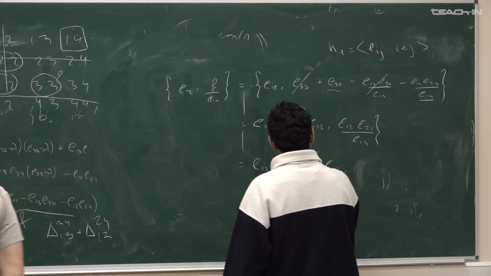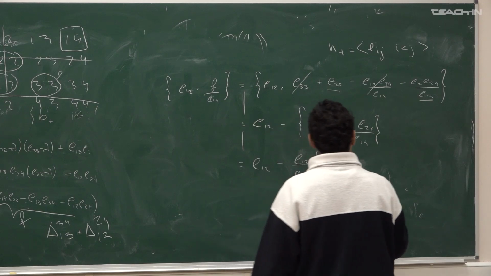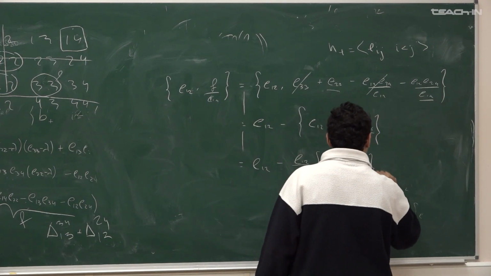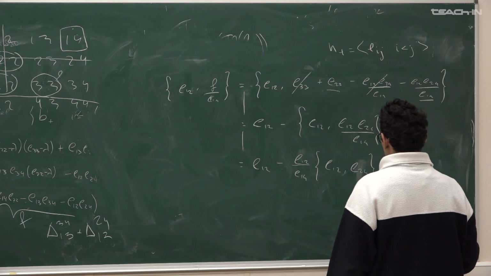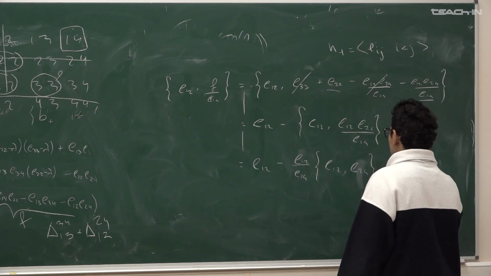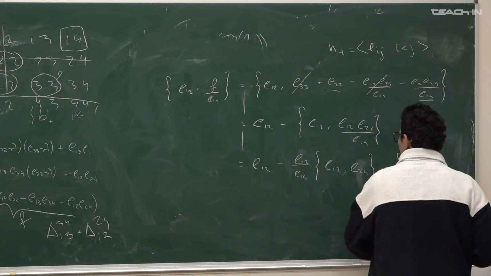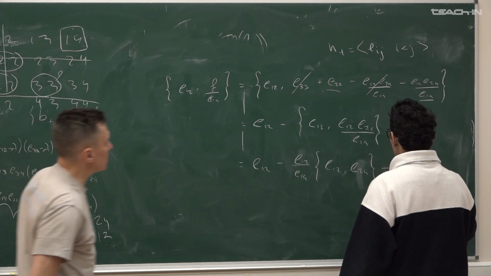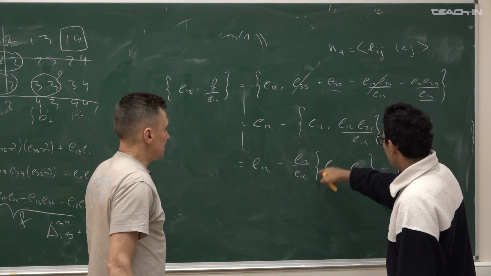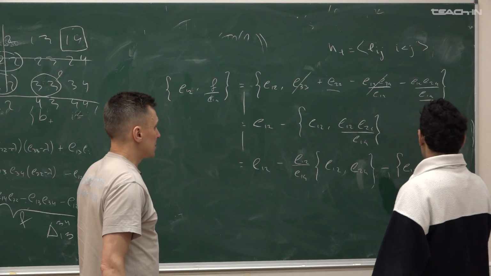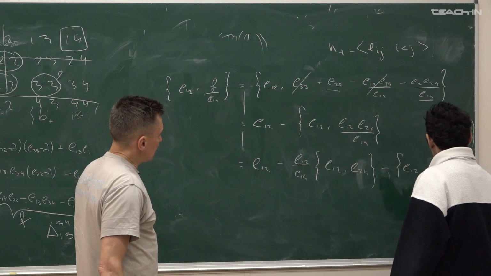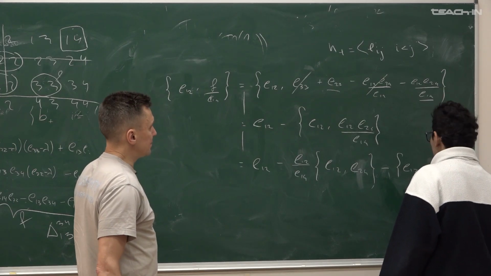Okay, this one is 3, 1, 2, 4. And the other term, which is minus. Because I use the Leibniz rule, I put this outside, and I need to put it on the other side, so it would be 4.